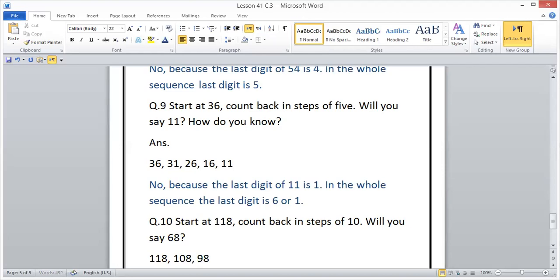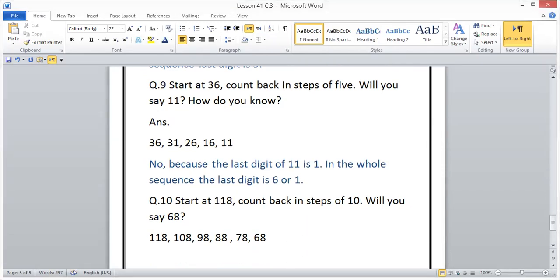Then it will be 160, then 150, 140, and then it will be 130. Because you are counting back in steps of 10, you can see in the pattern that the last digit is not changed. It is same. So you will say yes. The answer is yes. So guys, write the pattern and answer.